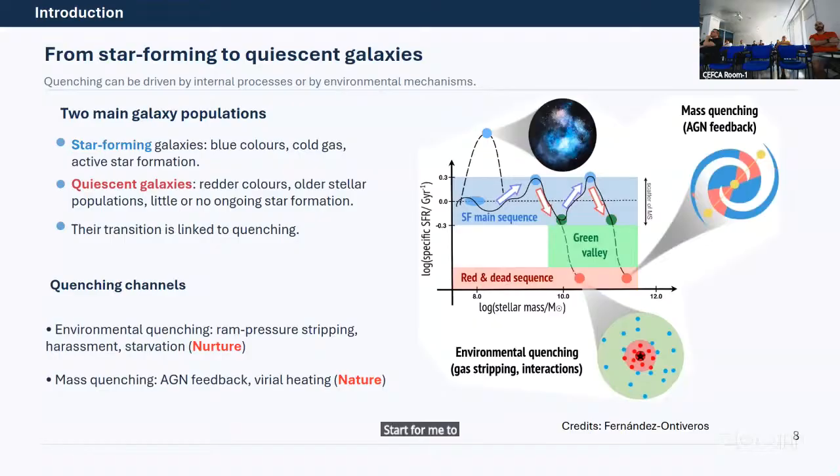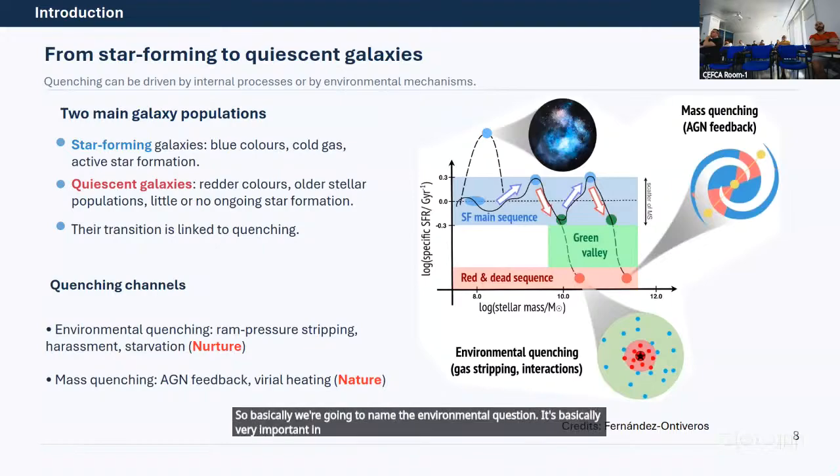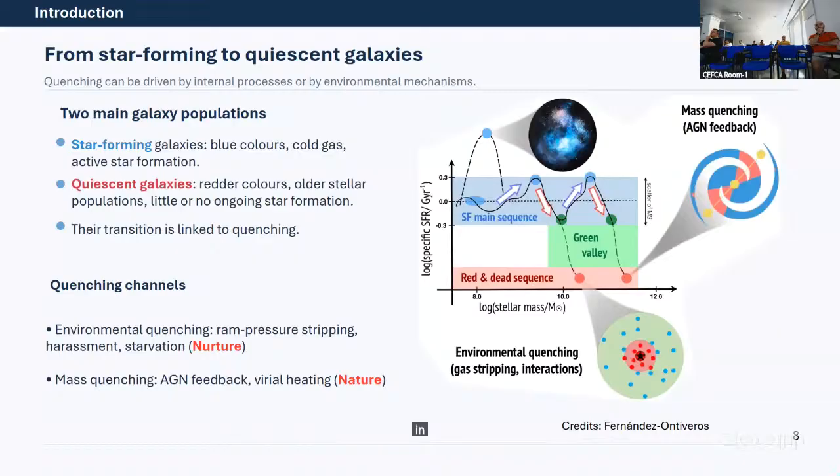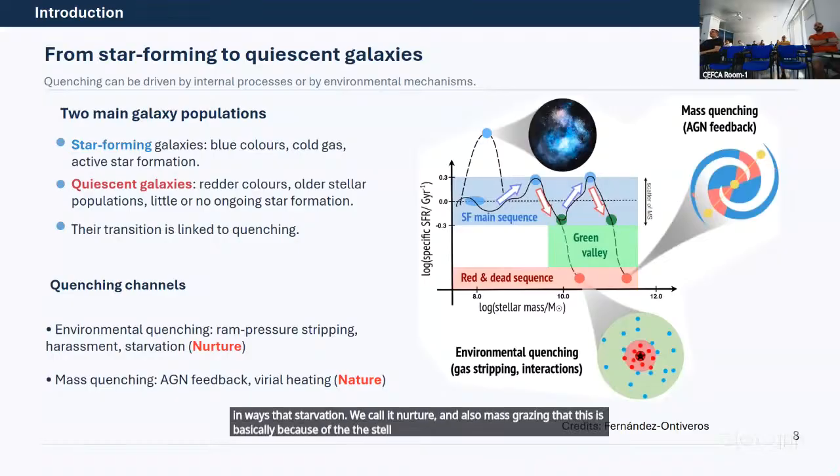First, we are going to name environmental quenching, which is very important in this thesis, through mechanisms like ram pressure, harassment and starvation. We call it nurture. And also mass quenching, which is basically because of the stellar mass of the galaxy, how it evolves in the canonical evolution of the galaxy.